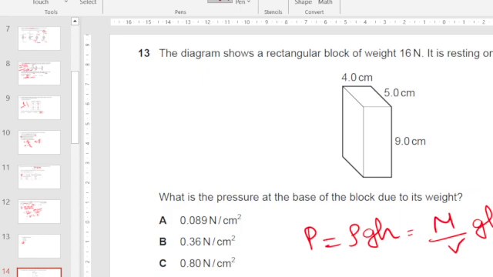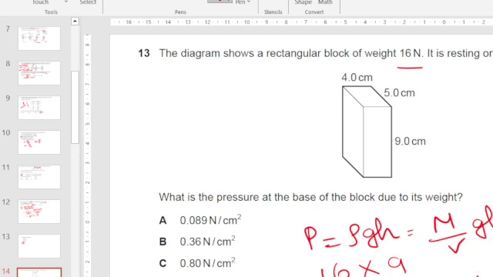So what is the mass? Mass into G, I can say as weight, which is given as 60, into the height, which is 9 centimeter, divided by volume, which is length into breadth into height.